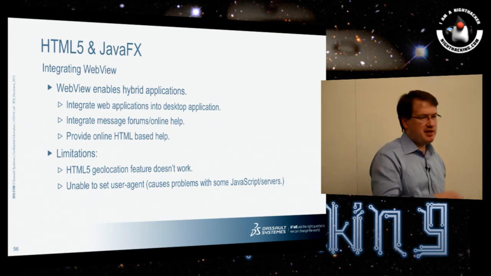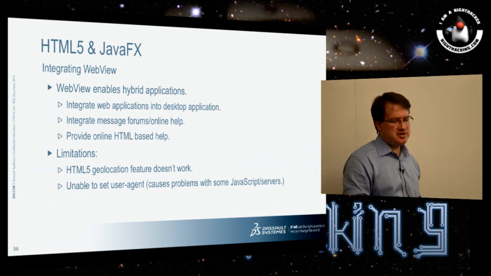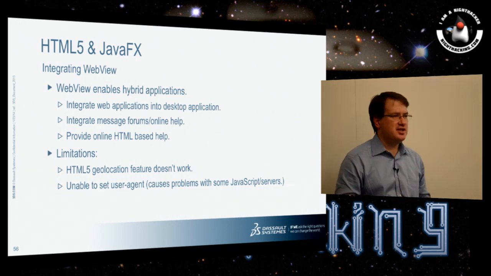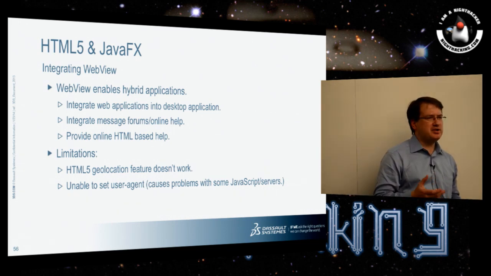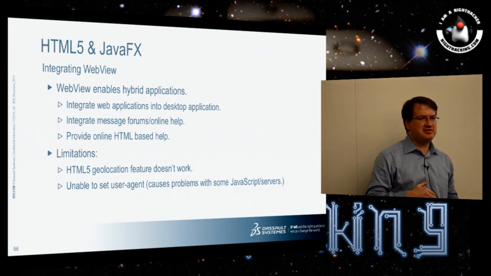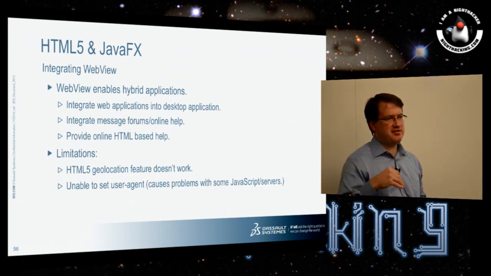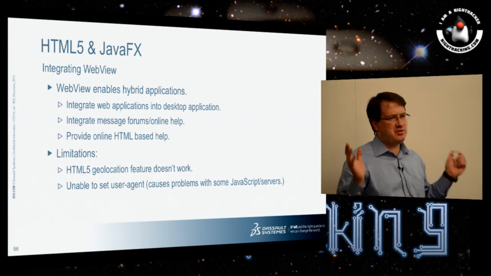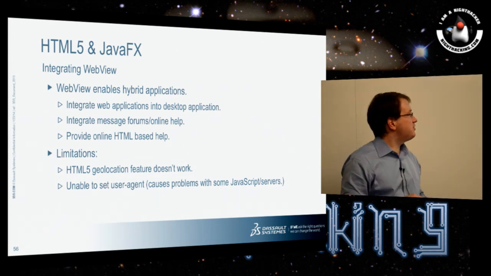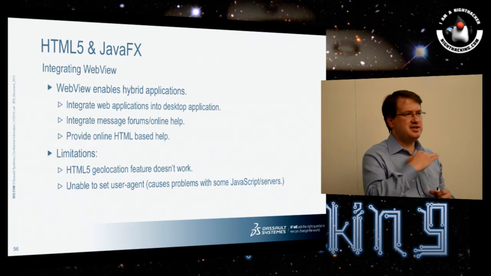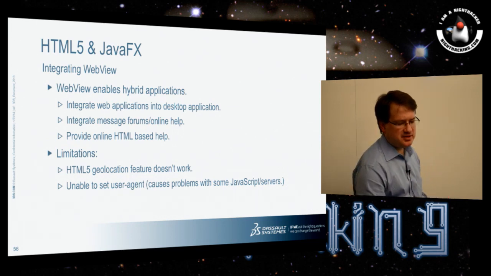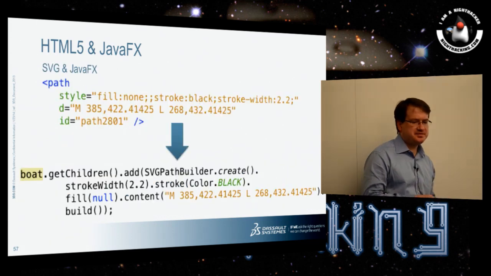And unless you're using the API hack with the debugger that I showed you previously, you can't set the user agent. So for things like RoboHelp, that has explicit code in there looking at the different web browsers, when it sees JavaFX WebKit, it says, I have no idea what this is. It won't render it. So that's one thing that hopefully will be addressed at some point in the future, to be able to set the user agent so you can fool other tools.